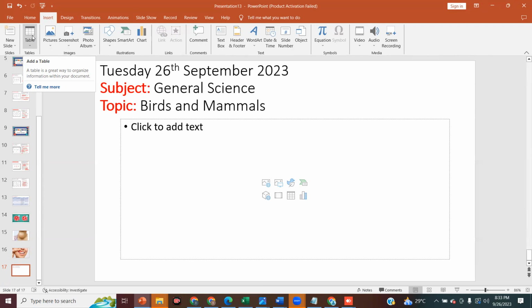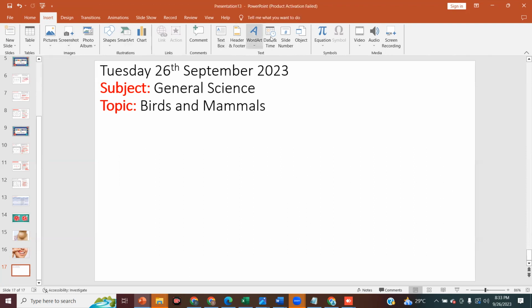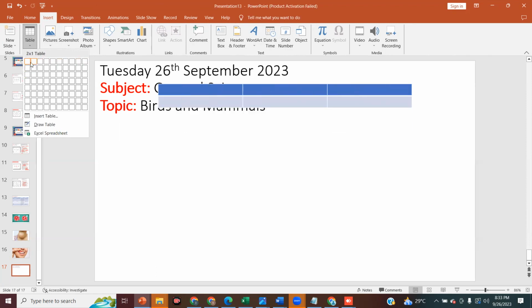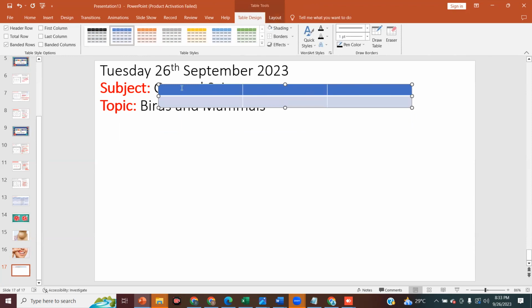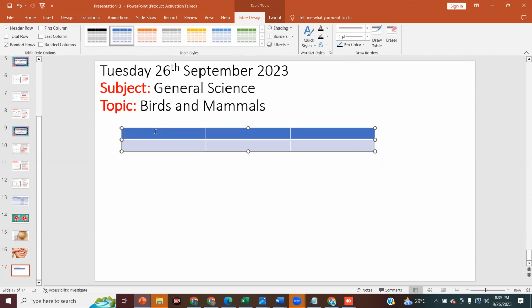So we're gonna have 3 columns, 2 rows. Let's say that this is class. This is going to be the characteristics. And then this one is going to be the example.